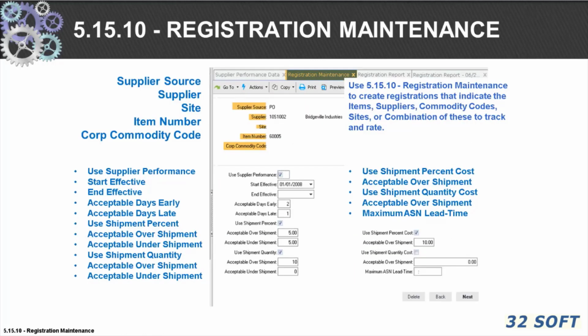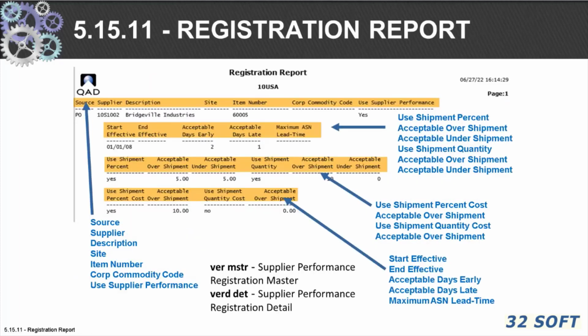5.15.10 Registration Maintenance sets the following parameters for items, suppliers, commodity codes, sites, or a combination of these. Use the supplier performance start and end effectivities, acceptable days early and late, acceptable over or under shipments, use supplier percentage, etc. The 5.15.11 registration report gives you all the settings you have created for registration maintenance.